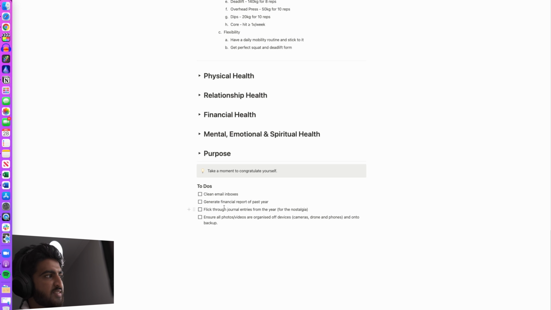The third thing that I do is that I flick through my journal entries from the year. So this is my little journal. I usually try and handwrite most of my notes, but I do sometimes type notes into Notion when I have a lot of things to say and I know it's going to take me hours and hours to handwrite them. And just the process of doing that brings back little memories and nostalgia that I find really, really nice.